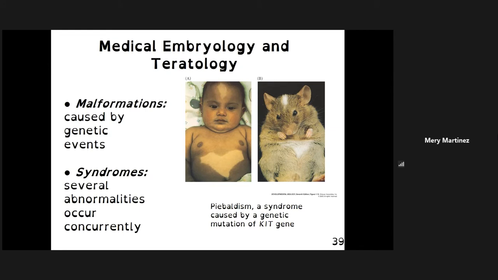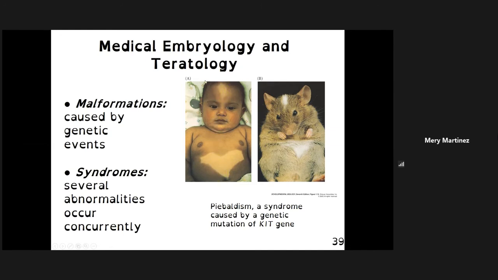Okay, like the image that we have in here is called Piebaldism. Piebaldism is caused by a dominant mutation on the KIT gene. The syndrome includes anemia, includes sterility, includes these patches where the pigmentation does not occur in the middle line of the abdomen and in the front head part of it.